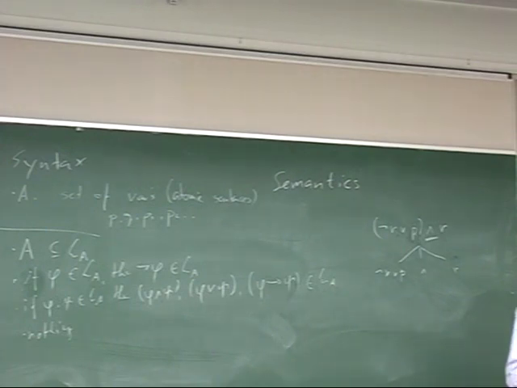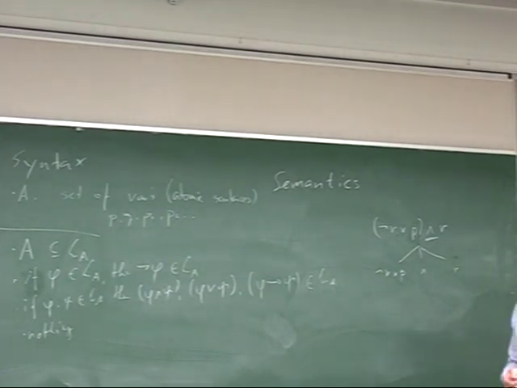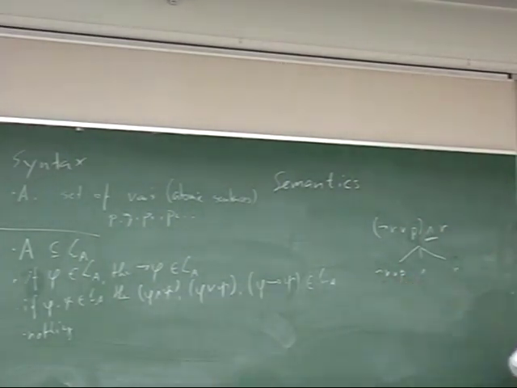It's okay. So these rules determine what is in the language and what isn't. And that's all there is to the syntax. And I will sometimes drop these parentheses, like here I already did, when there is no danger of ambiguity. Okay?